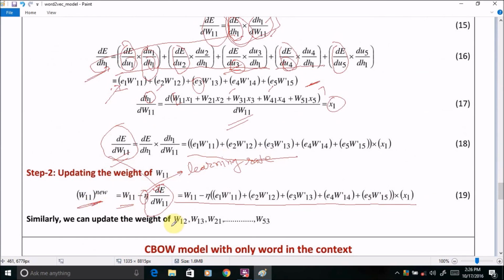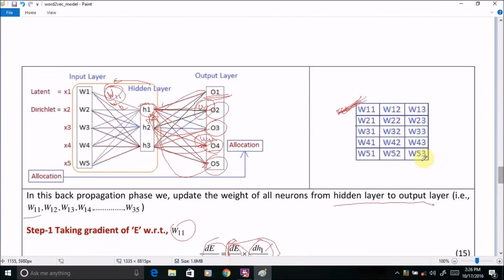Similarly, we can update the weight of all neurons, or in summary we can update all elements of this matrix.